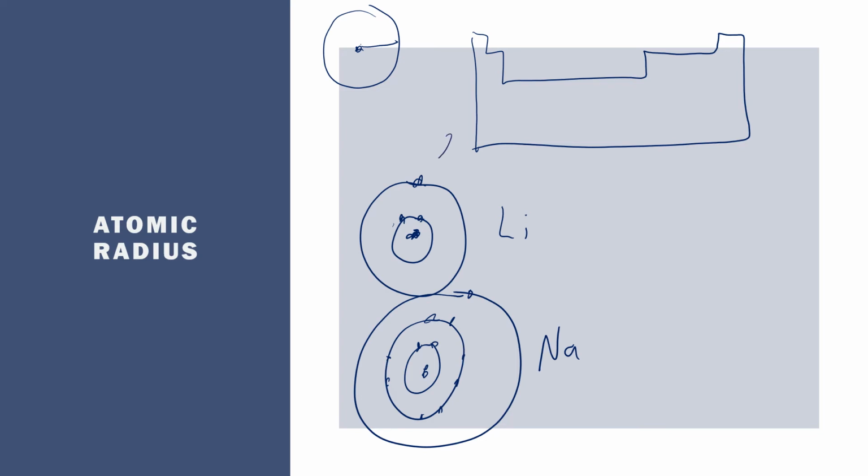So they have the same number of outermost electrons and a very similar effective nuclear charge based on the shielding from those core electrons in sodium. What's different then, of course, is the distance from that outer shell to the nucleus. And because there are more energy levels, sodium has a larger radius. Lithium will have the smaller radius because it has fewer energy levels.